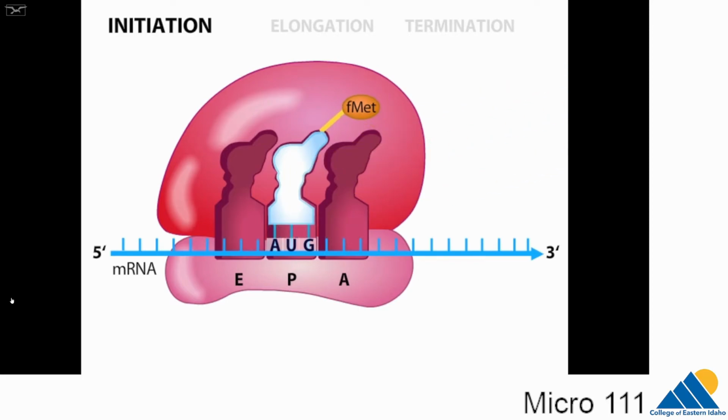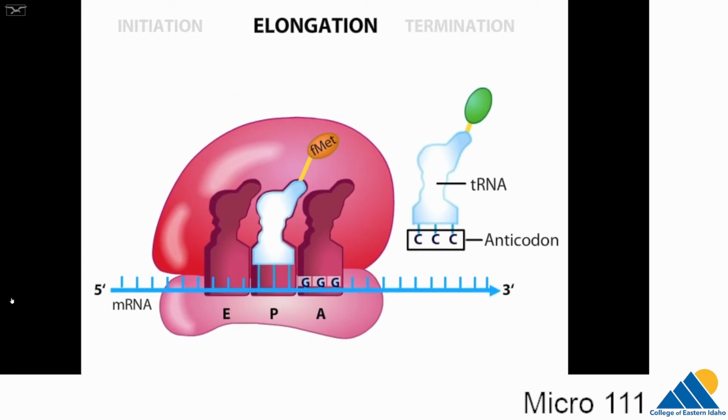Note that the ribosome has 3 tRNA binding sites: an acceptor, A site, also called aminoacyl site, a peptide, P site, and an exit, E site. The ribosome is ready for elongating a chain of amino acids. Elongation requires an elongation factor called EF-Tu, associated with GTP, to bind to aminoacyl tRNAs.